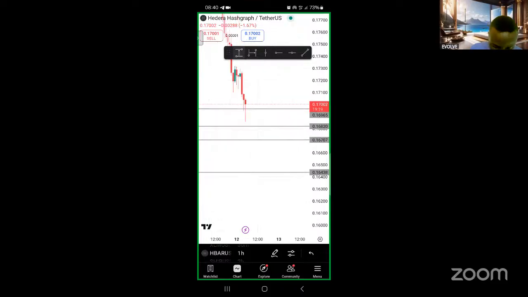Can you see the market price? Current market price is here. And then I'm going to draw a line down. So that is negative discount of 1%.